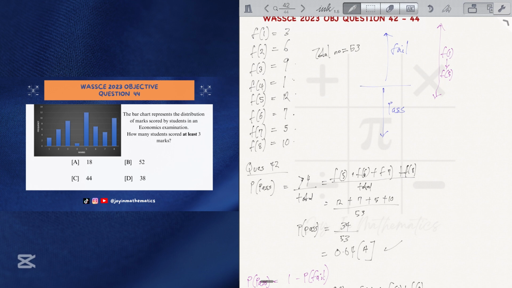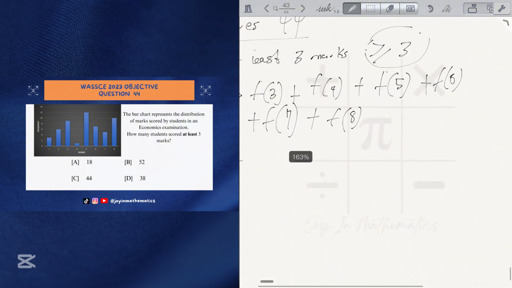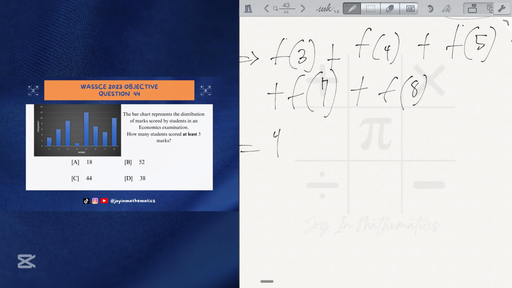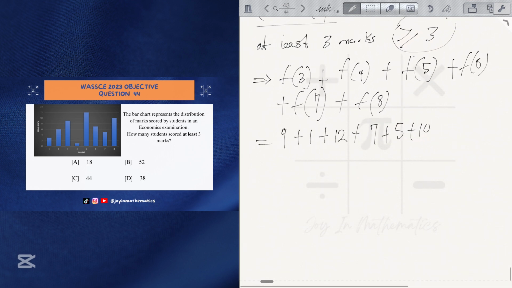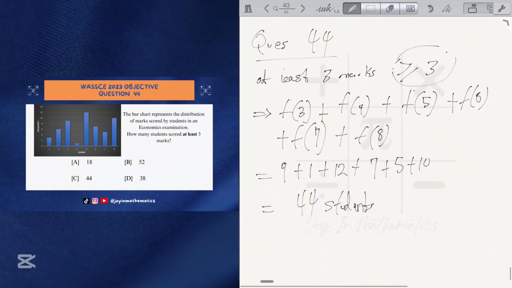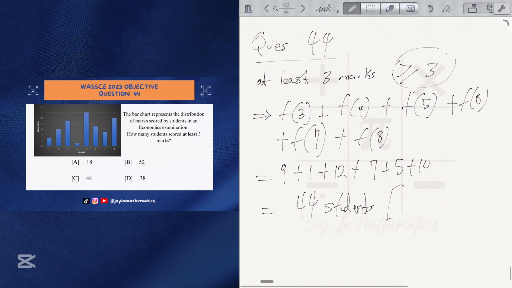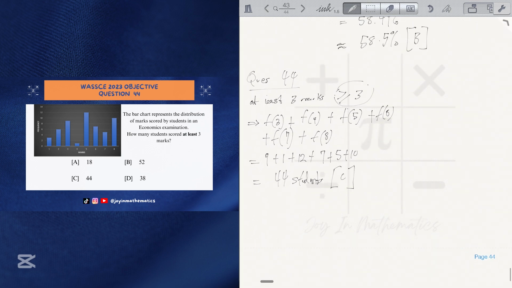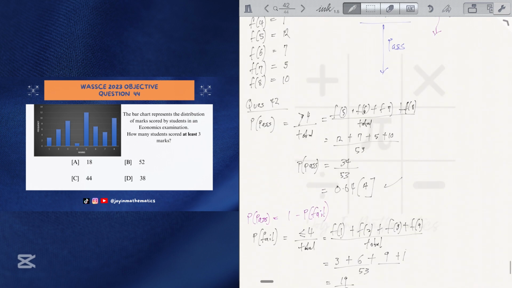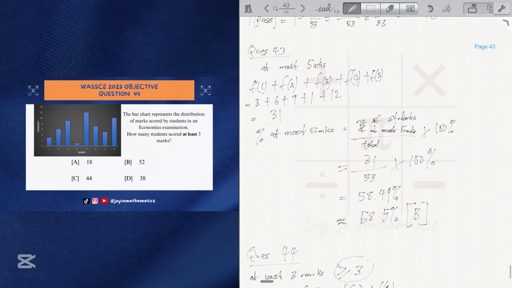So we sum it all together: 9 plus 1 plus 12 plus 7 plus 5 plus 10, and the total is equal to 44. So 44 students scored at least 3 marks, which is option C. So we have solved questions 42, 43, and 44.